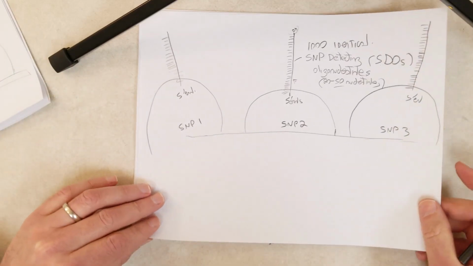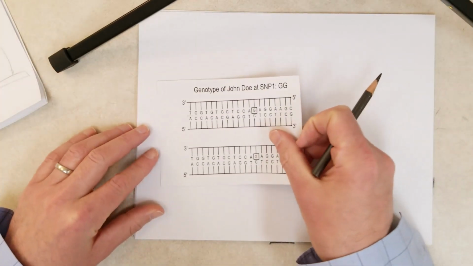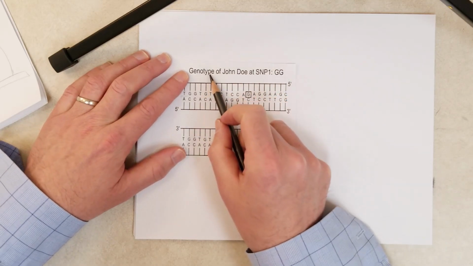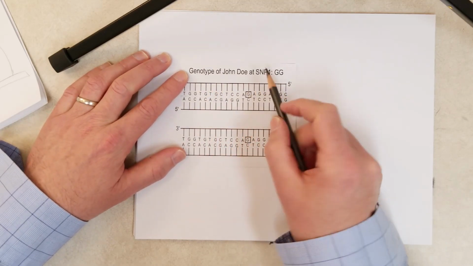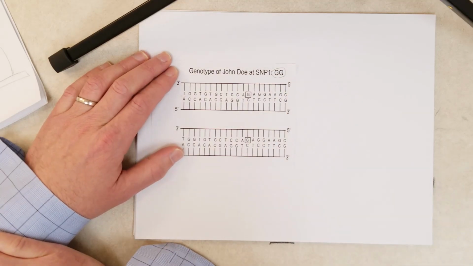Okay, so what does the sequence look like? Well, let's take a look here. Here I have the genotype of John Doe at SNP1. Let's say John Doe has 2 Gs at this SNP1.